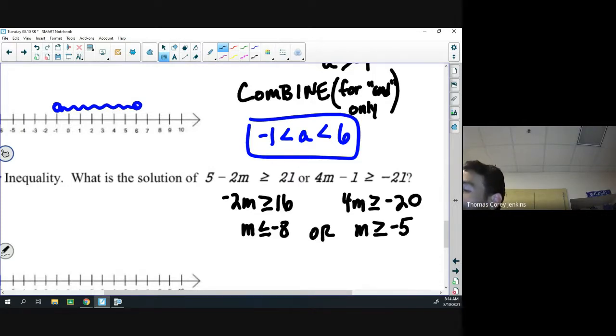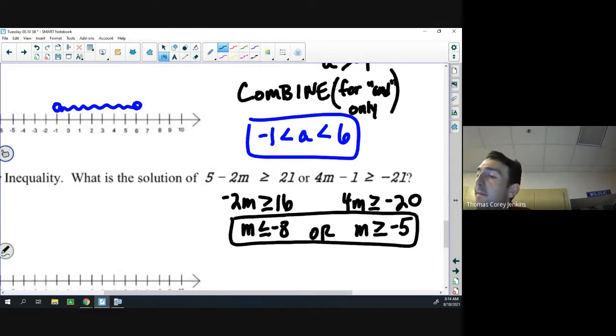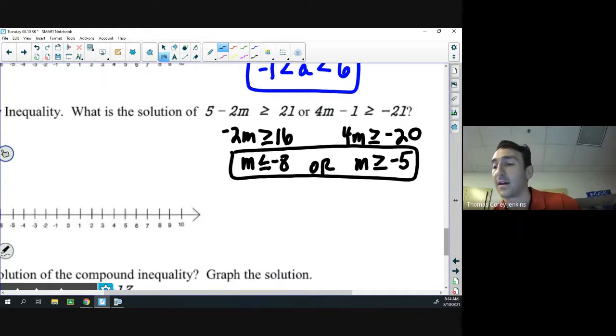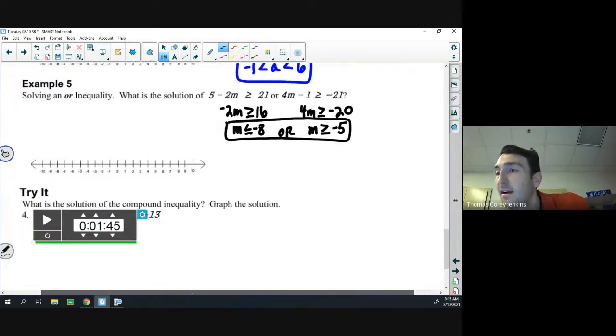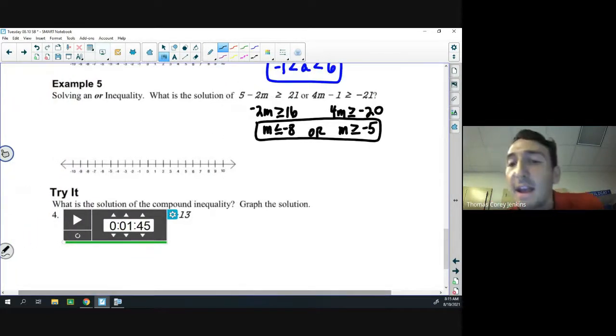Okay, so you don't combine these, you just literally use the word or, okay? So m is less than or equal to -8, or m is greater than or equal to -5. So let's see how this one looks, because it does look different. Let me make my screen a little bit smaller so we can fit everything there. So less than or equal to -8, that's going to be obviously closed on -8, and we shade to the left, okay?